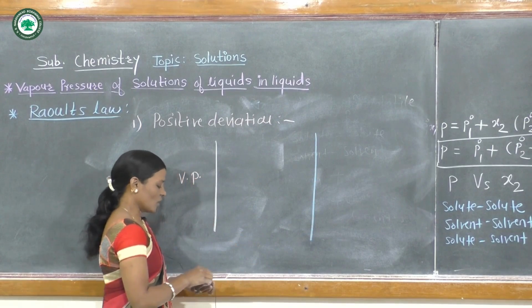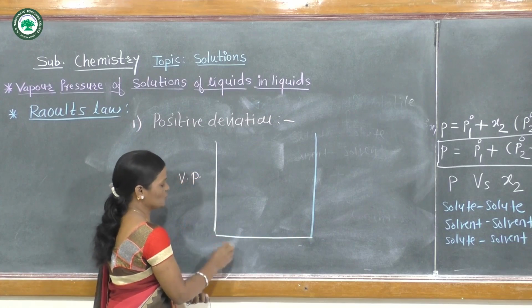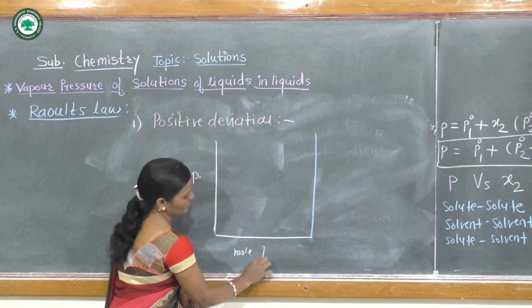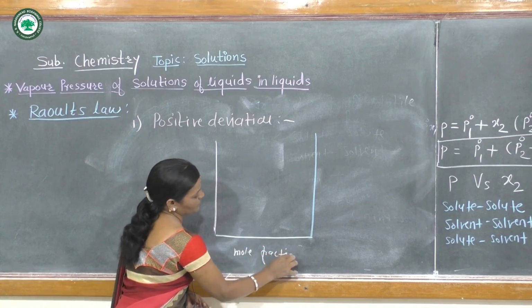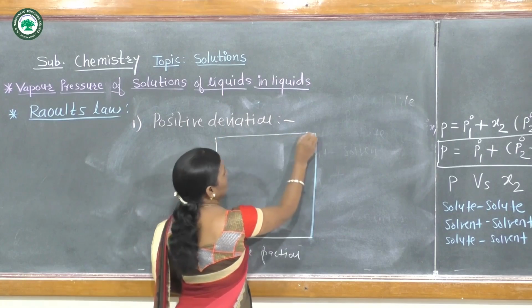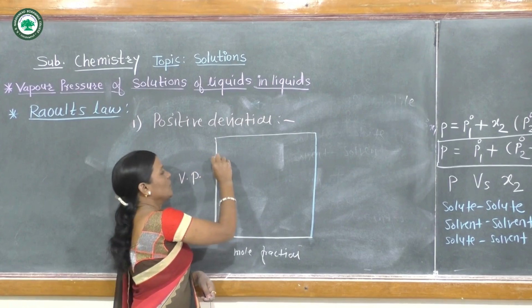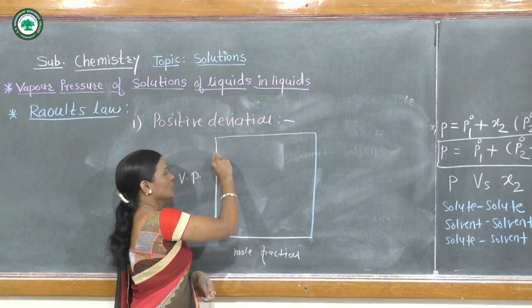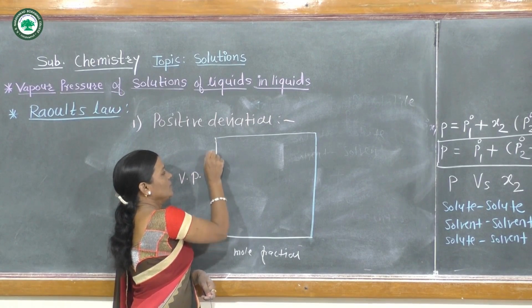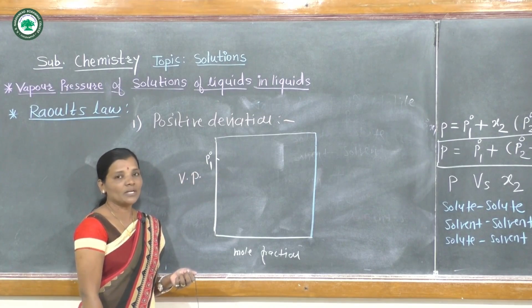These are plotted against their mole fractions in the solution. We know that according to Raoult's law, P01 is the vapor pressure of pure component A1.